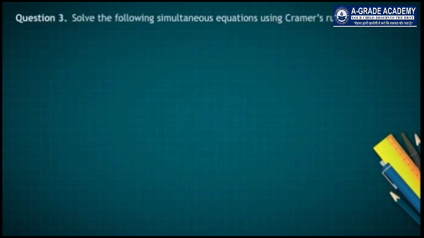Question number 3. Solve the following simultaneous equations using Cramer's rule. 2. 4x plus 3y minus 4 is equal to 0. 6x is equal to 8 minus 5y.